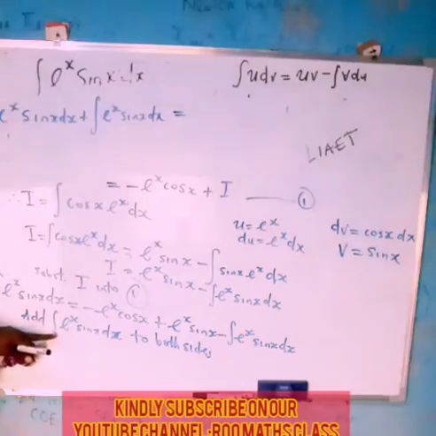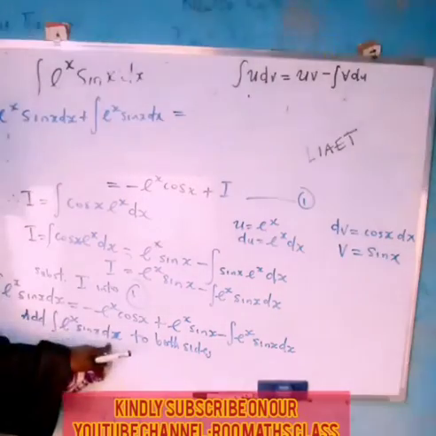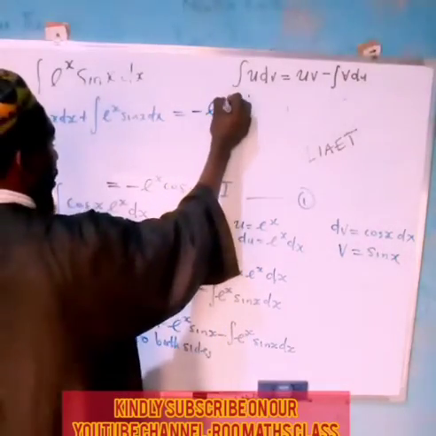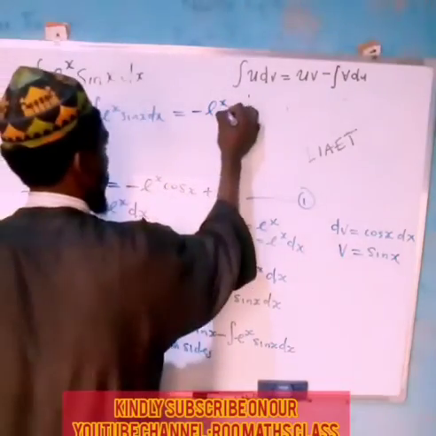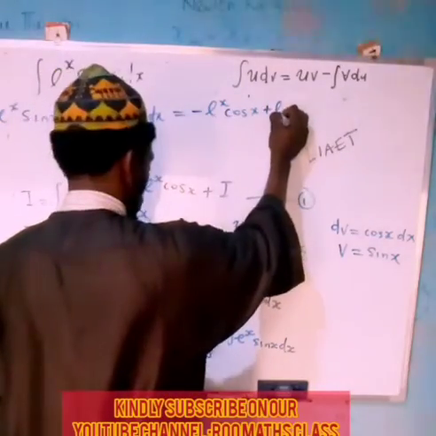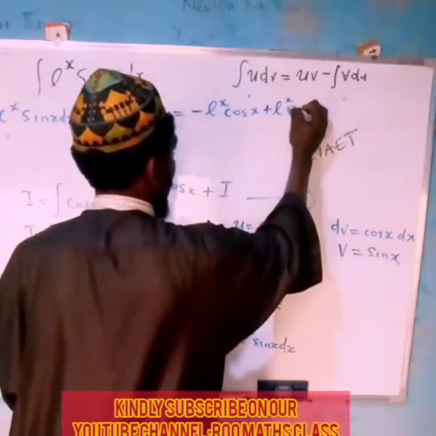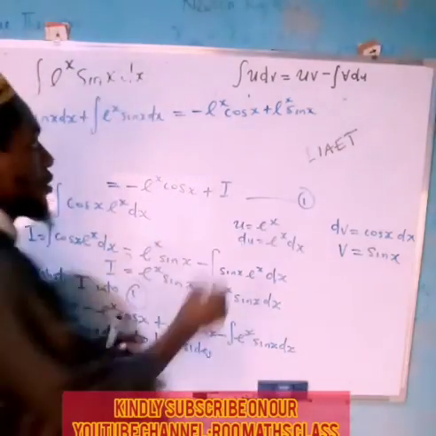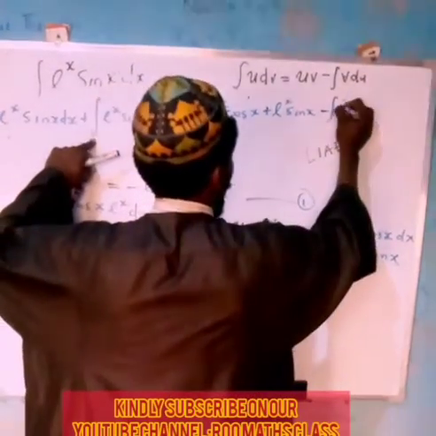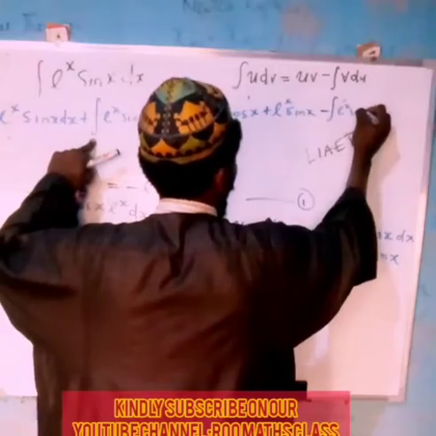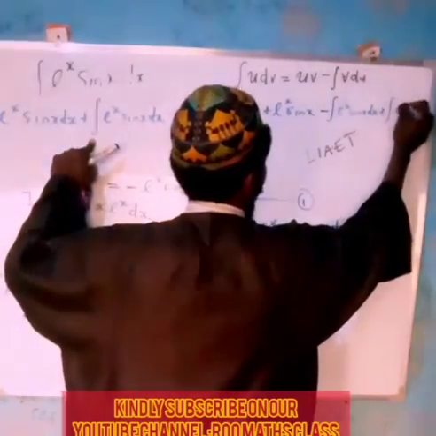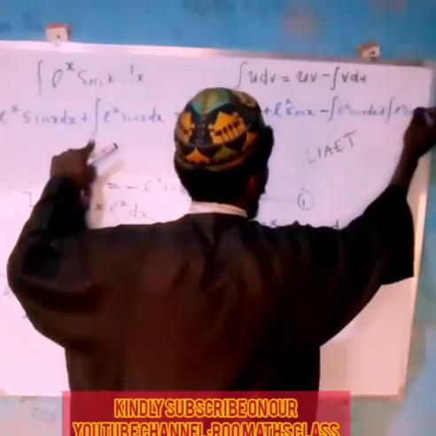because we have to add the integral of exponential x sine x dx to both sides, we have minus exponential x cos x plus exponential x sine x. This is now minus the integral of exponential x sine x dx plus the integral of exponential x sine x dx.